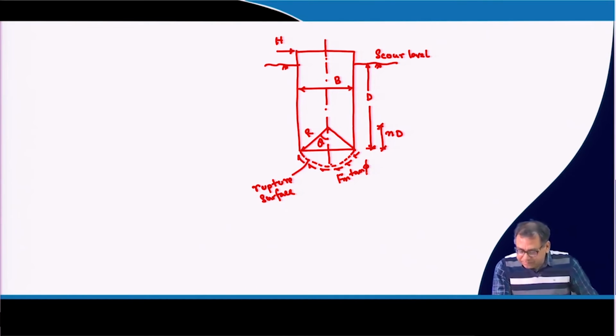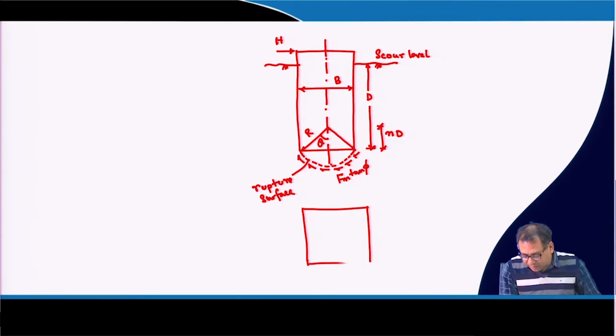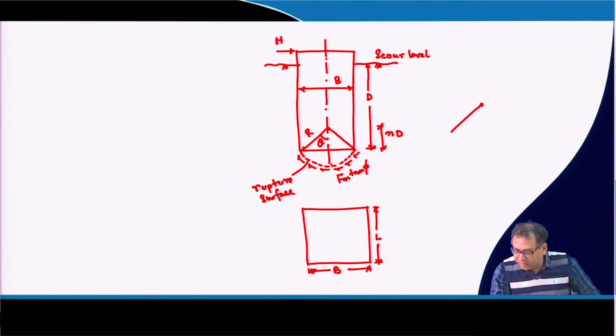Okay. Now, if the cross section of the well is, say, a rectangular cross section, then again this is B and this side, perpendicular to that sectional view, that length is L. Now, if I draw that rupture surface portion only, so this is the point and this is the rupture surface, which will be a circular path.